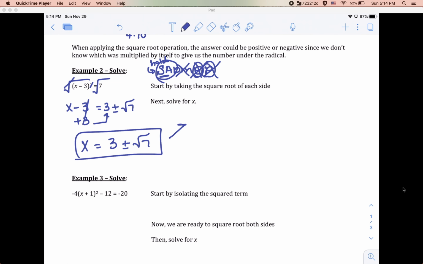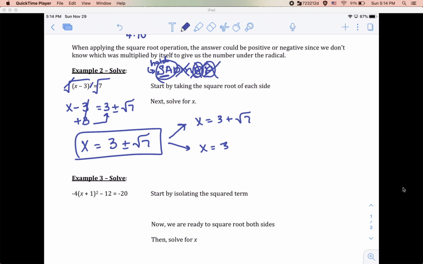Now, I want you to notice that is 2 different answers. That is 3 plus the square root of 7, whatever decimal that is. It's going to be, let's see, square root of 4 is 2, square root of 9 is 3. So it's going to be 2 point something-ish, 2.6-ish maybe, plus 3. So it's going to be like 5.6-ish.